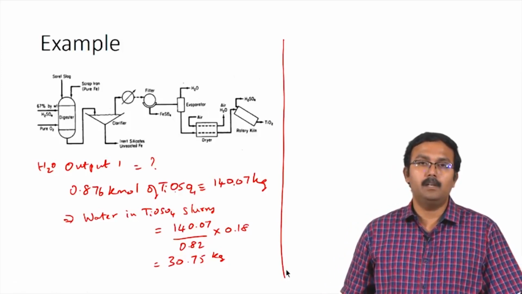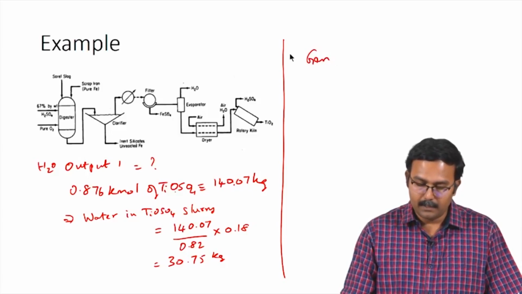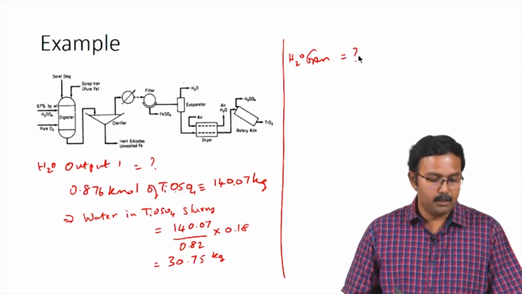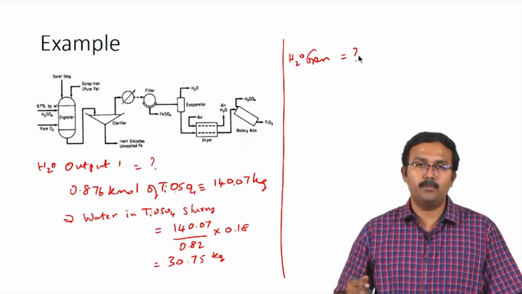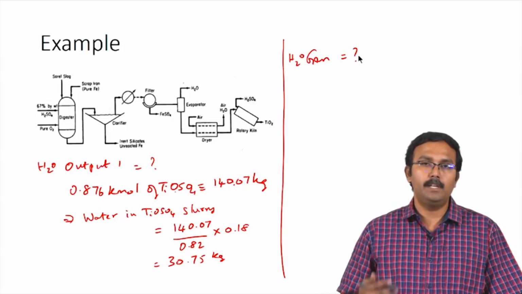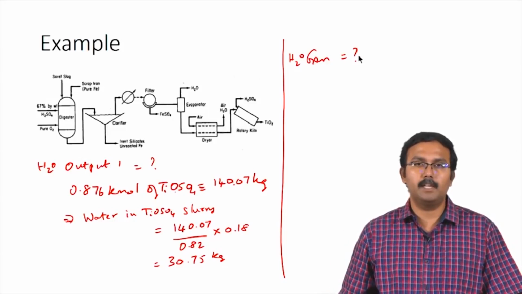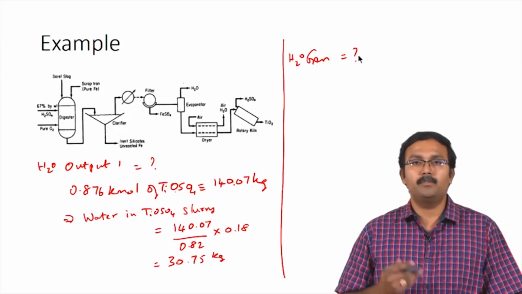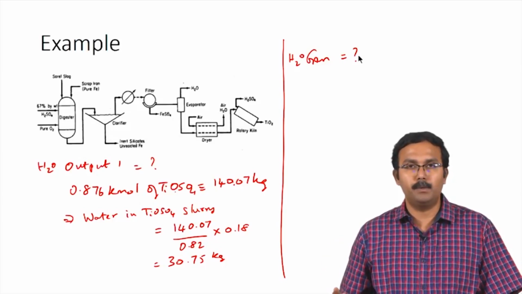Now, we need to calculate the amount of water which is generated. So, water generated is equal to what? So, based on the stoichiometry, for every mole of H2SO4 consumed, there is 1 mole of H2O produced. There are two equations, both of which follow the same stoichiometric ratios. So, this means for every mole of H2SO4 consumed in the digester, 1 mole of H2O would have been produced.